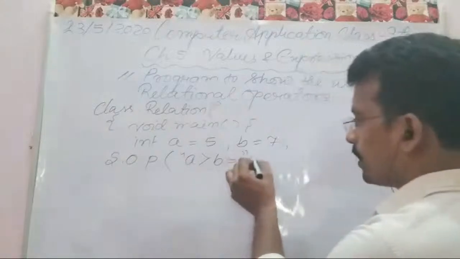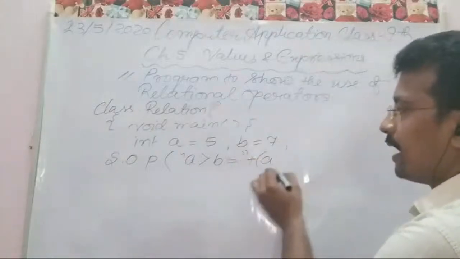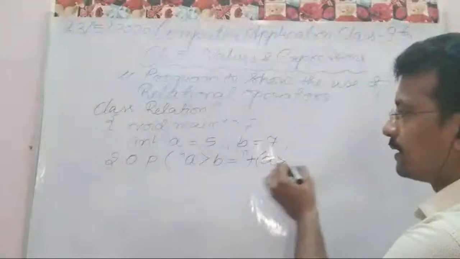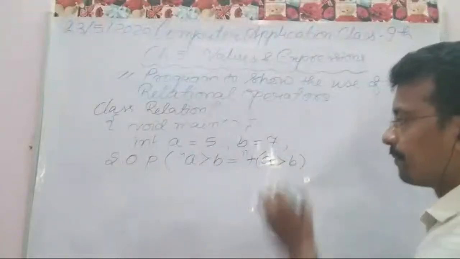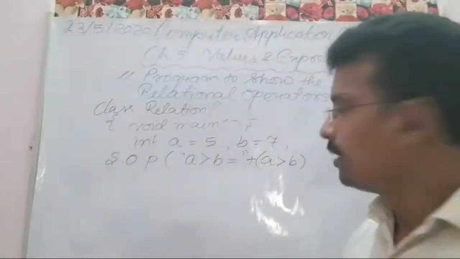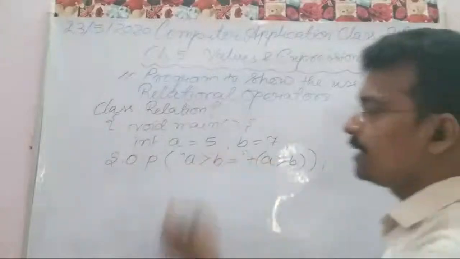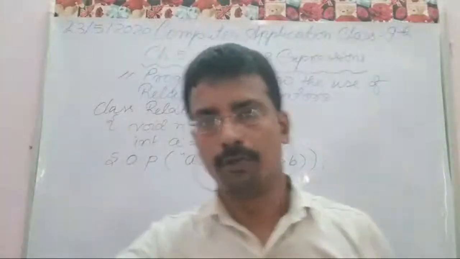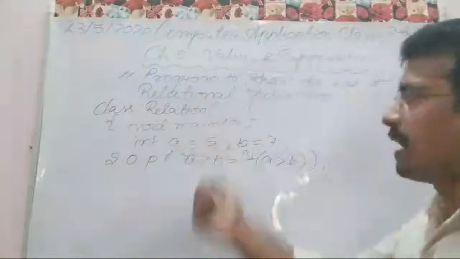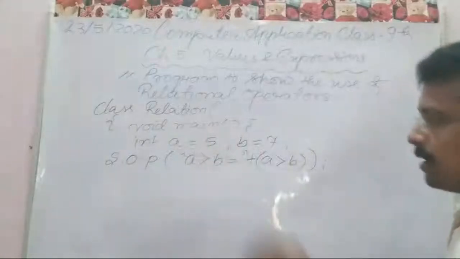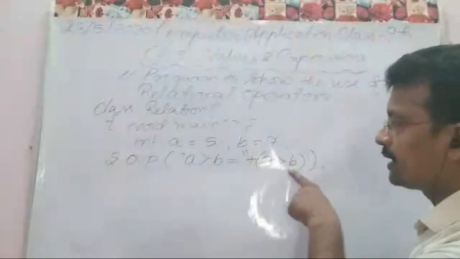Now you perform your actual operation: you call a and perform it this way, a is greater than b. So this way you will get the result of the comparison of a and b. The result will be in the form of true or false. The value of a is called here, that is 5. The value of b is called here, that is 7.